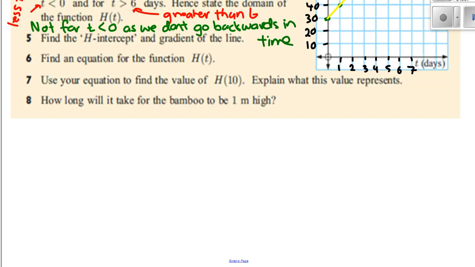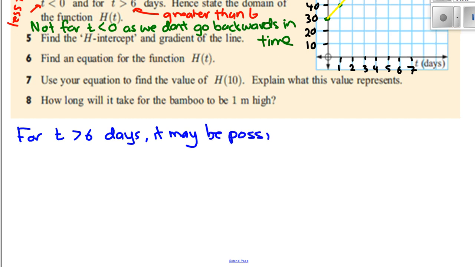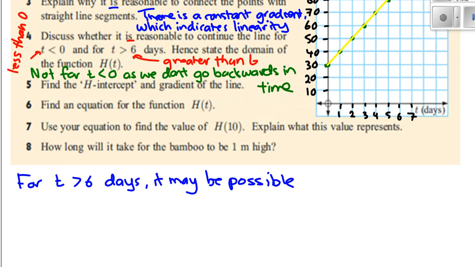For times greater than 6 days, it may be possible to continue the line.